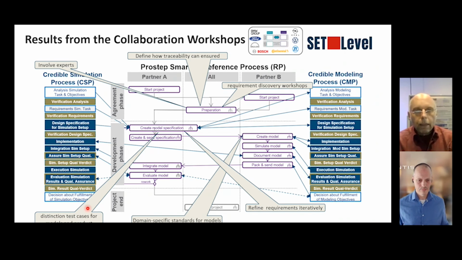On the other hand, if we look at the component and the model which is delivered, that should be in the responsibility of the supplier, because these are the experts who really know what is in that company's component and what should be in the model.